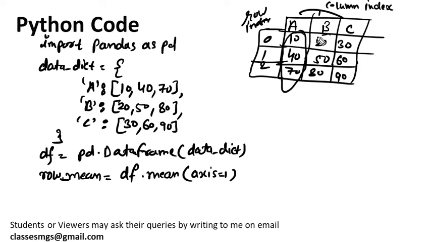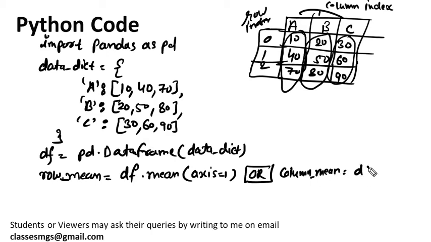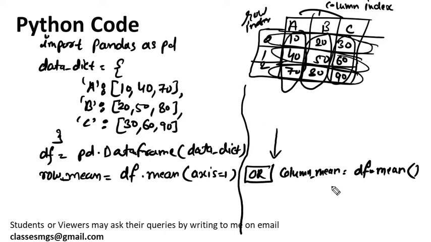If you want to calculate the mean and subtract it from each element of the column, then you can use this syntax, or you can write column mean equals df dot mean. You need not write axis equals to 1 here, because by default mean will be the column mean. So this is not your practical, but I am showing you so that you can understand completely. We are supposed to subtract the row wise mean, and each row mean we want to subtract. That's why the essential problem will be only this. This is the additional thing that I am telling you.